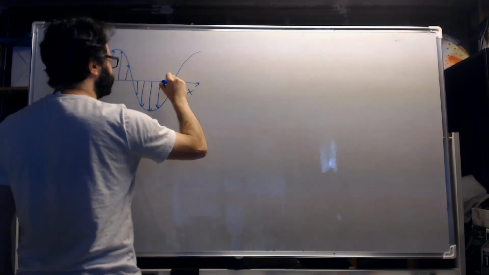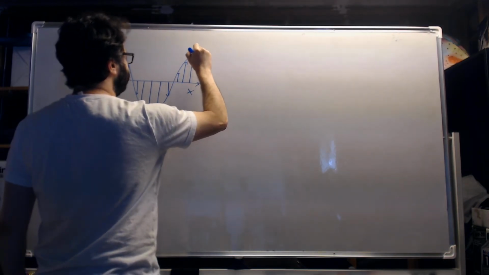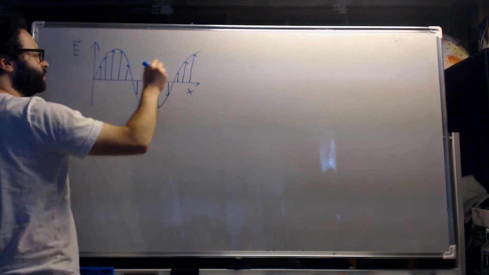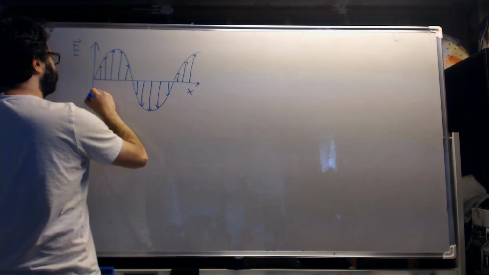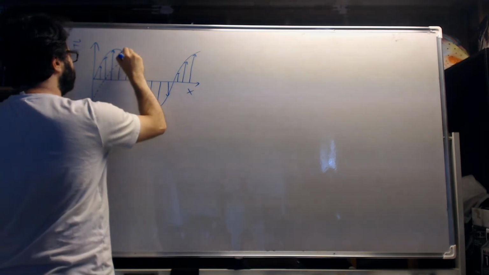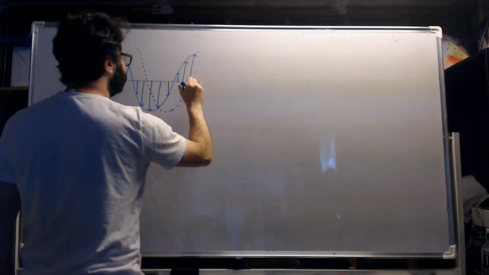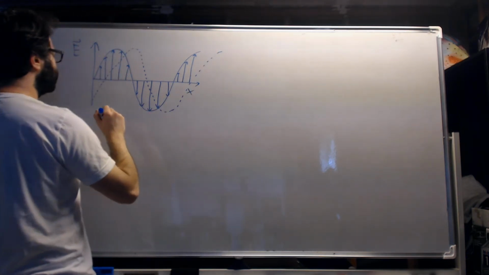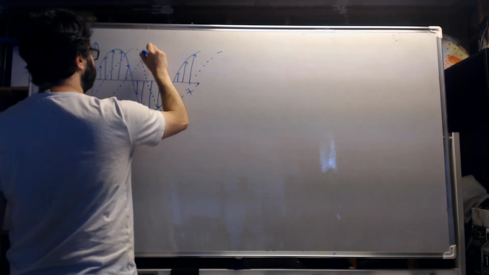The space part is obvious when we draw it like this. At first the electric field is pointing up, then it's pointing down, that's pointing up. And then we also talked about the fact that if you were to look at this electric field as a function of time, this electromagnetic wave, it would be moving at the speed of light. So this might be some other instance, then some other instance, we will move further.